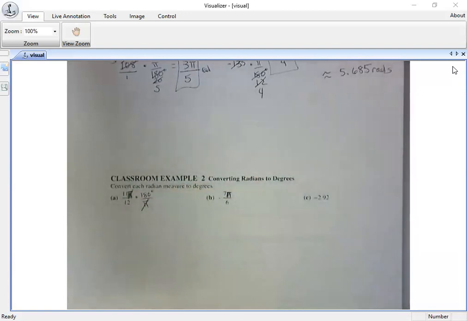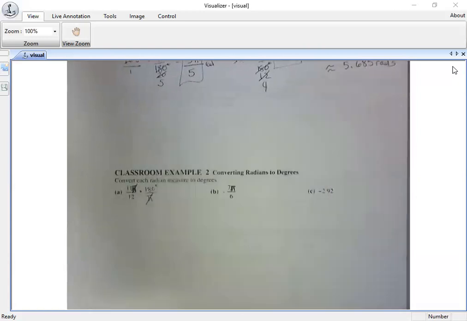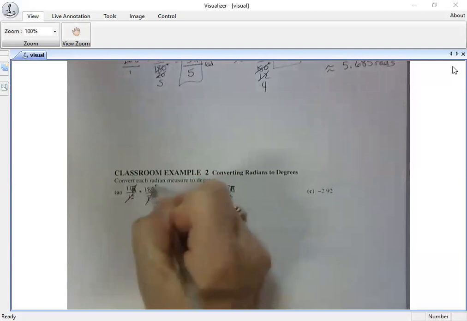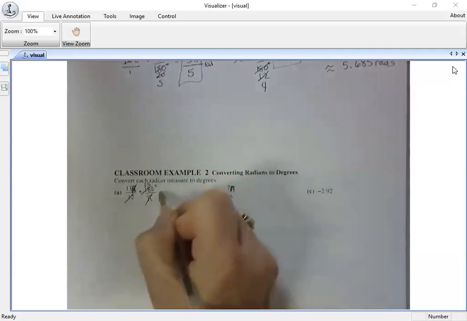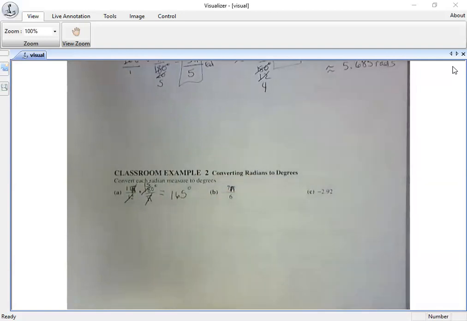What else can I do? Yeah, let's see. 180 divided by 12 goes evenly 15 times. And how much is 11 times 15? Good, that is 165 degrees. 11 pi over 12 radians is 165 degrees.